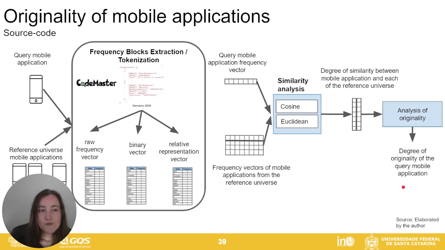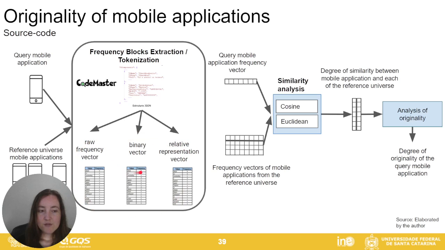Considering that we are working with computational artifacts, we may also want to know the originality of the code. In source code originality analysis, we use frequency vectors. These frequency vectors can be represented as raw, binary, or relative representation, such as TF-IDF.